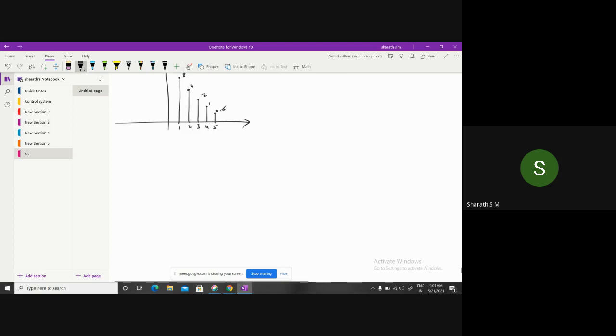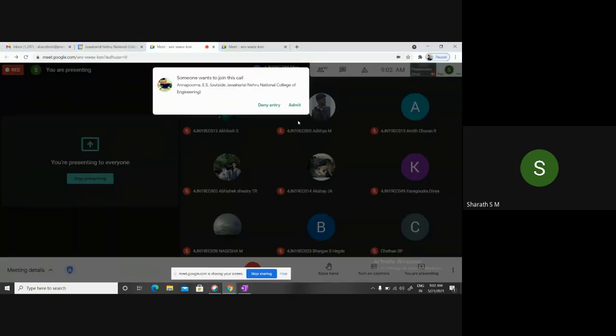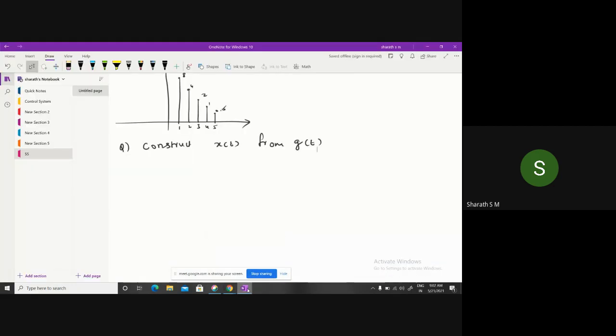And on the next one, construct the waveform x of t from g of t. So write down the g and x of t signal.